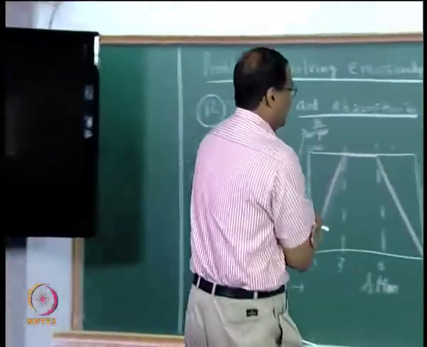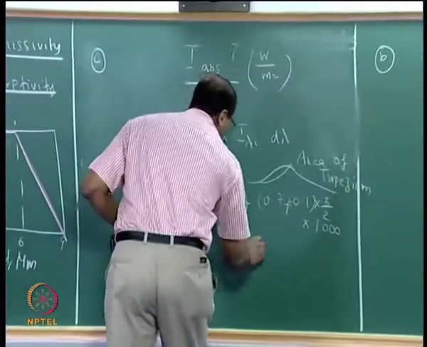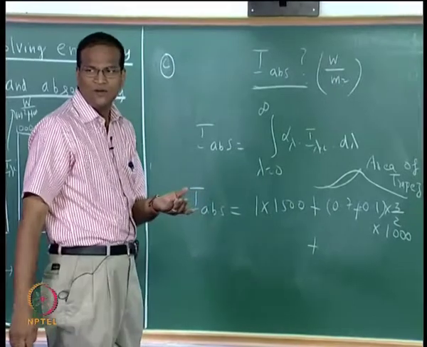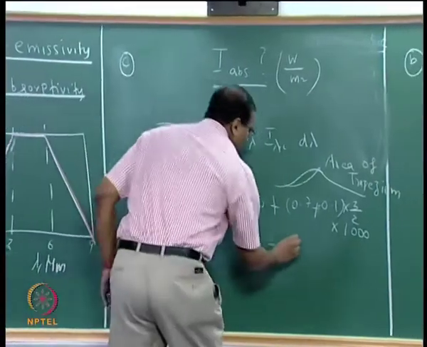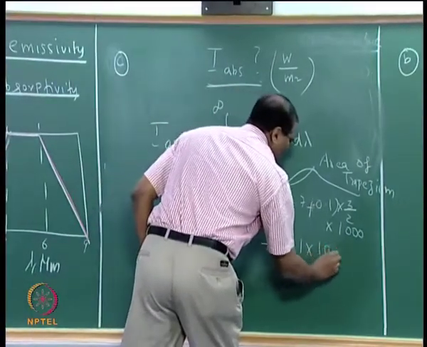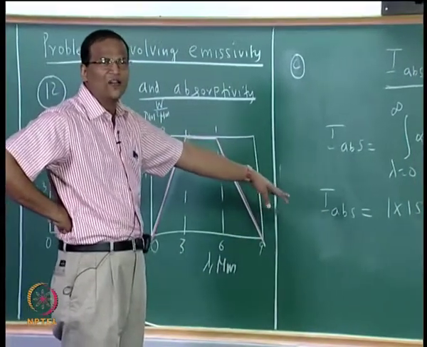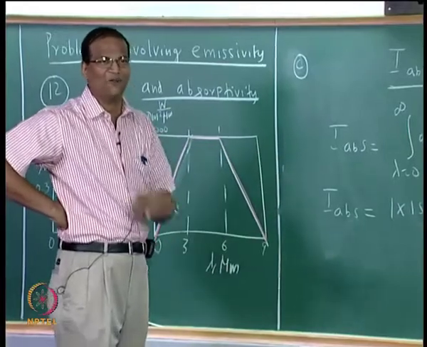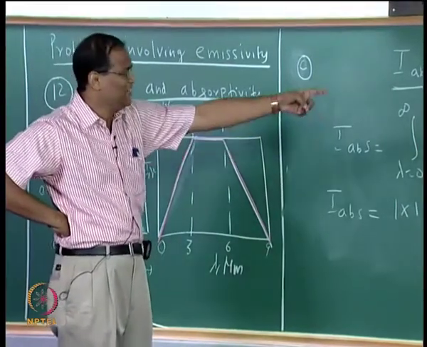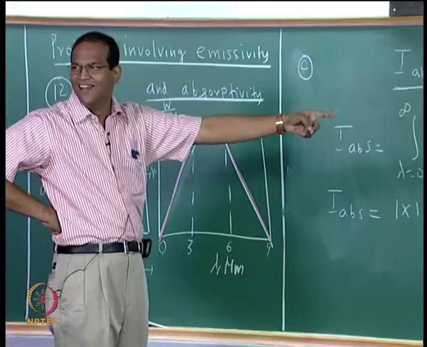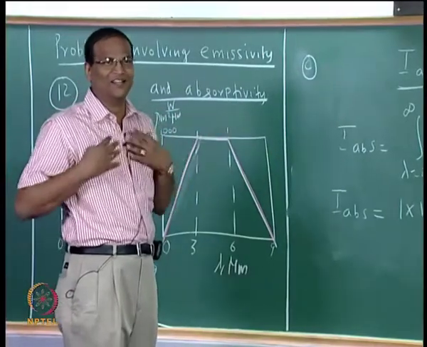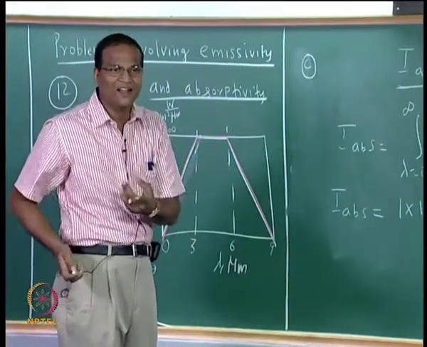right, okay, plus the last one is 0.1 into 1500, very good. Finally, if you do all this integration and you get an answer more than 6000, then we have to stop and go home, because incident itself is 6000. Okay. So then I am happy. 28, okay, very good.